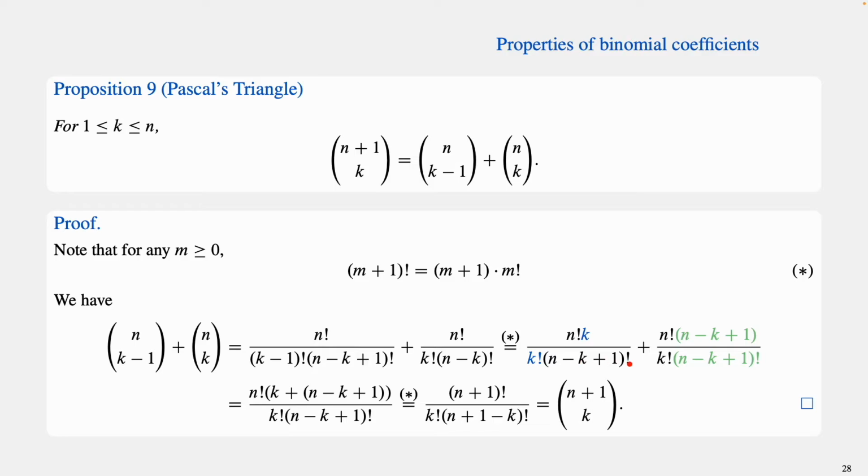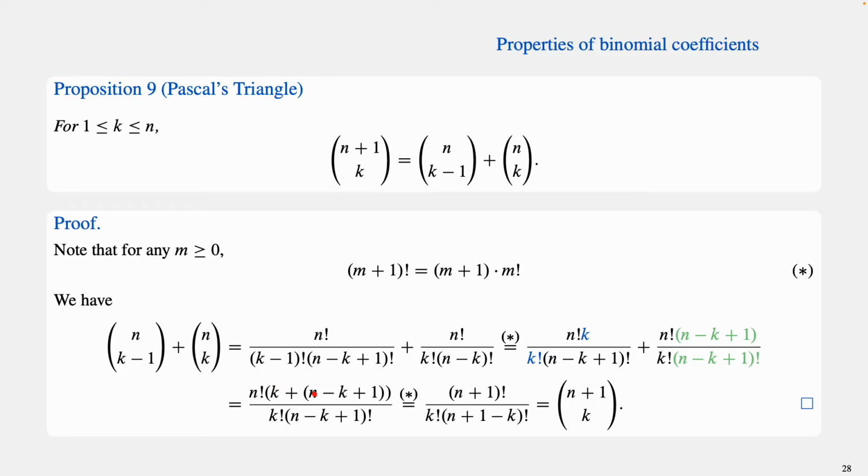So we have the same denominators here, so we can just add the numerators. And what I get is n factorial times k plus n minus k plus 1 divided by k factorial times n minus k plus 1 factorial.